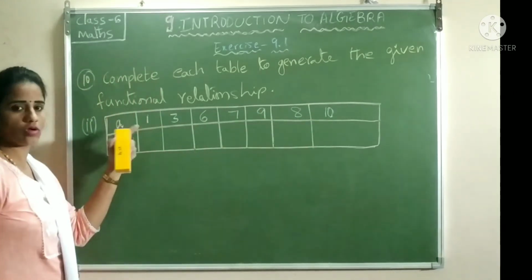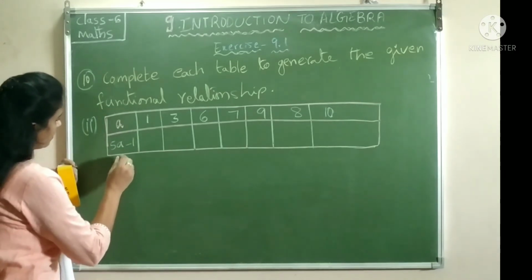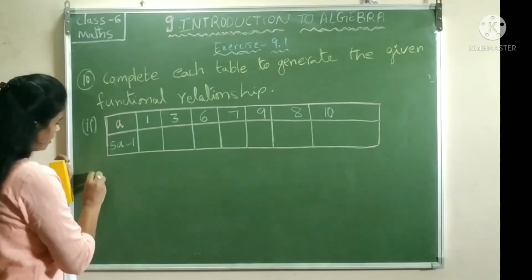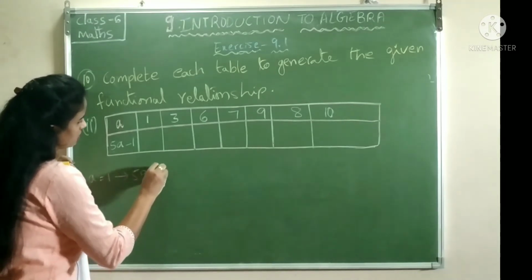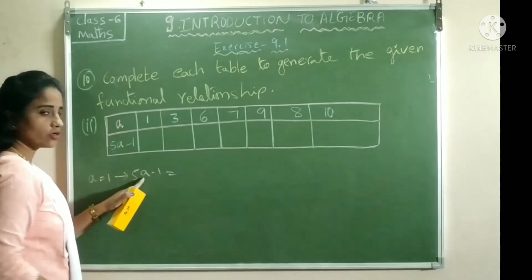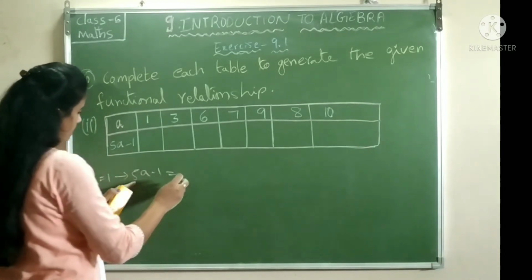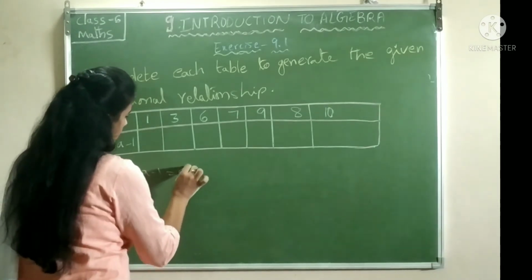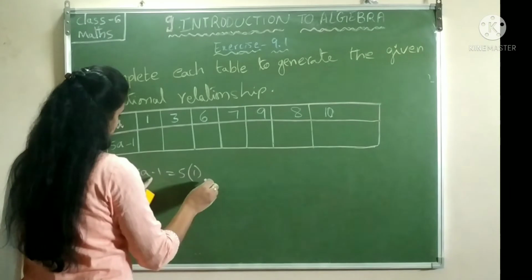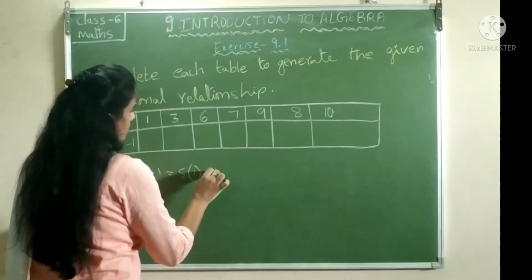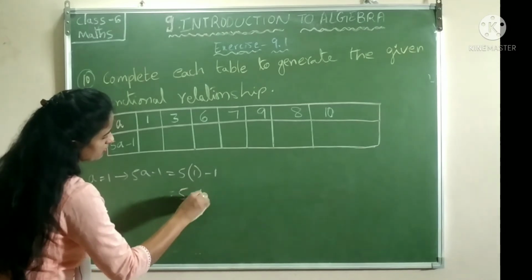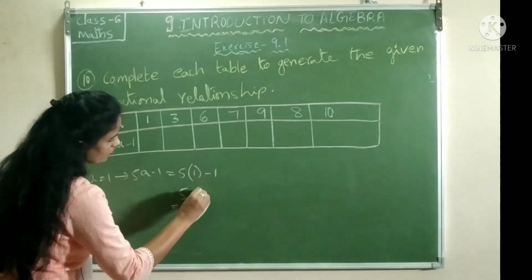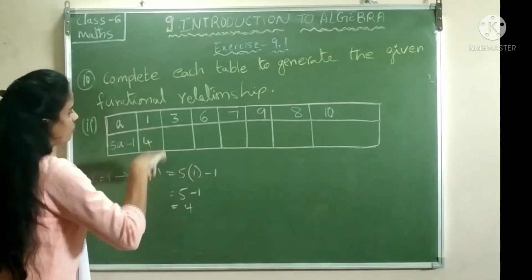If a is equal to 1, then 5a minus 1, substitute the a value: 5 ones are 5, minus 1 is 4. Right here 4.